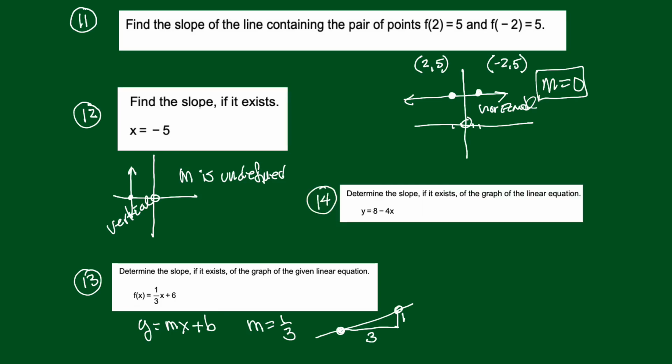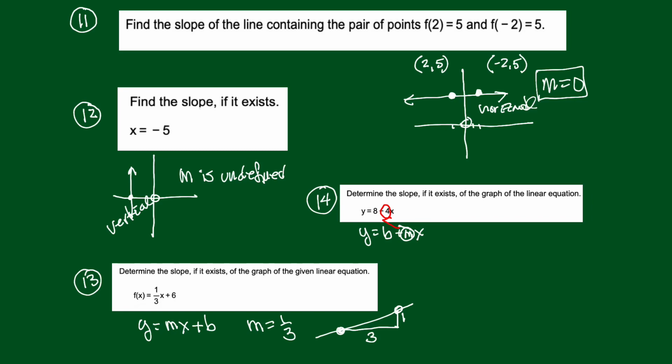Find the slope of this line right here. Now look at the form. We have y equals b plus mx. The multiplier of x is always the slope. The multiplier of x up here is negative 4.